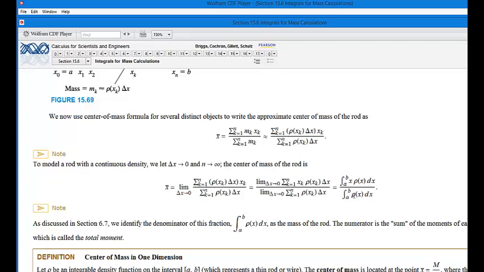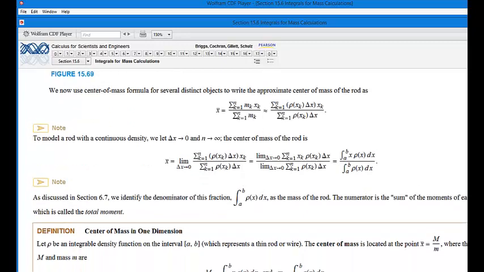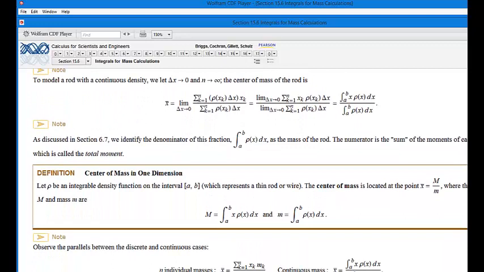And sure enough, we have a really nice integral formula. And this is the formula for the center of mass in one direction. Okay? So there's my formula. X bar equals capital M over little m. That's the way they write it. I guess I would usually write it as the integral formula.